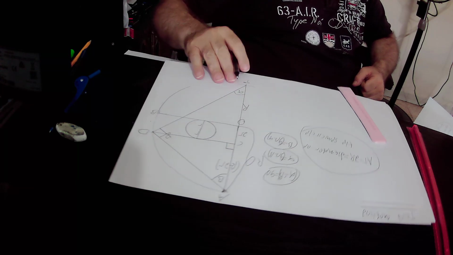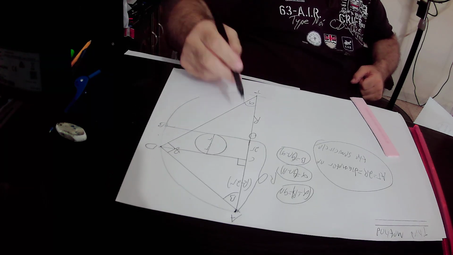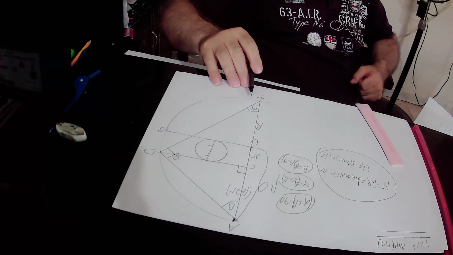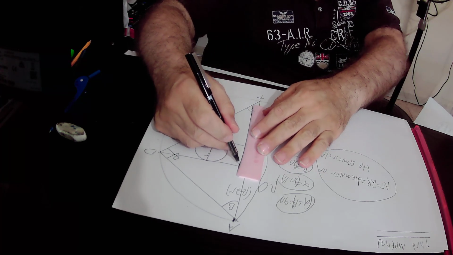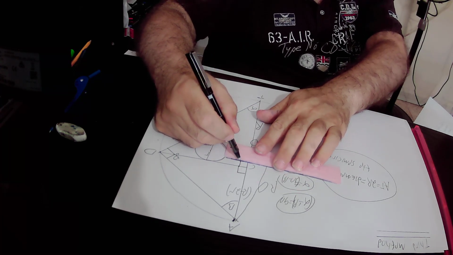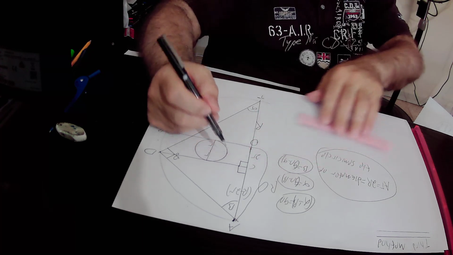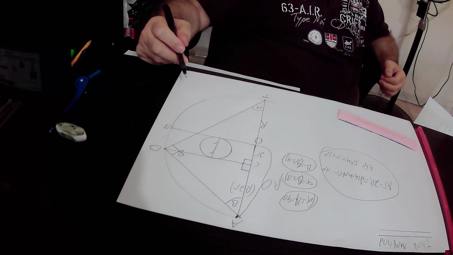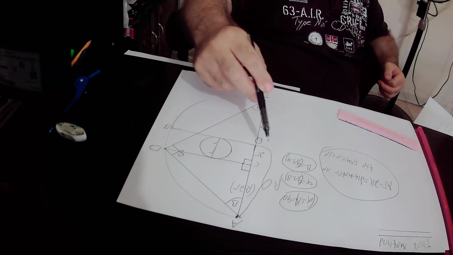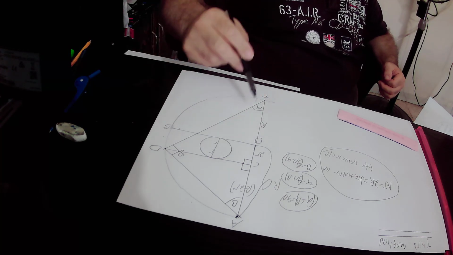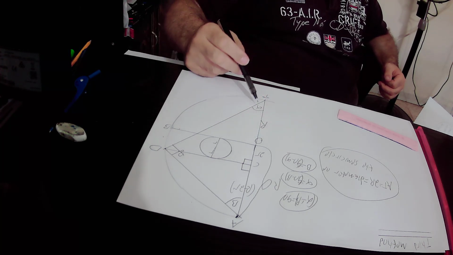We will focus on the right triangle, triangle CDT. Here, this angle equals 90 degrees according to the first method, rule number 3. In the right triangle CDT, this angle equals alpha.